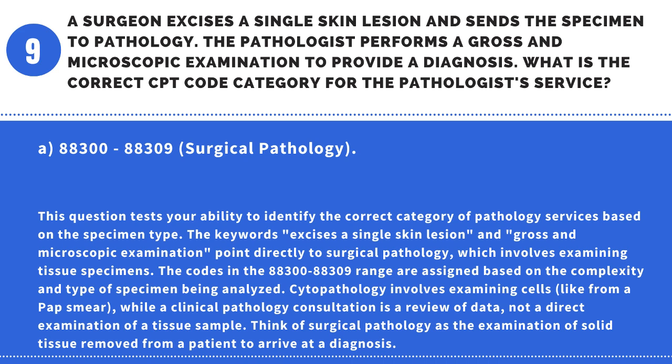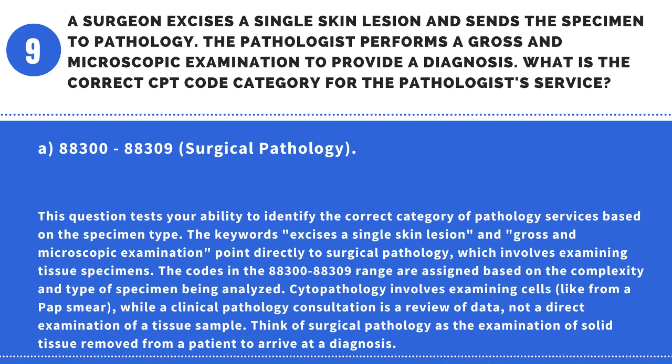88309, surgical pathology. This question tests your ability to identify the correct category of pathology services based on the specimen type. The keywords excises a single skin lesion and gross and microscopic examination point directly to surgical pathology, which involves examining tissue specimens.